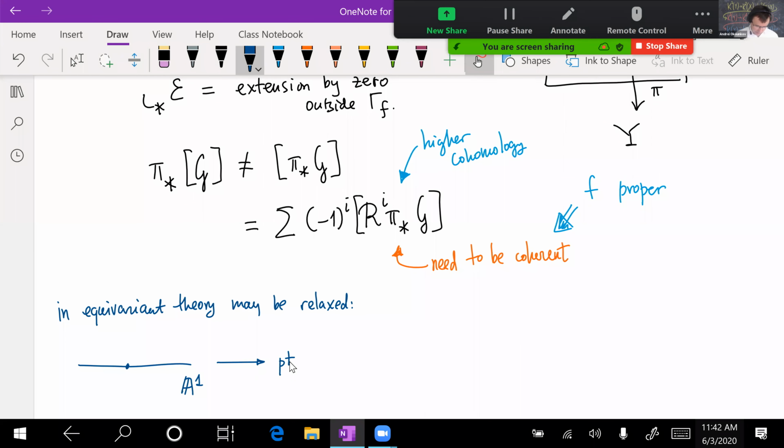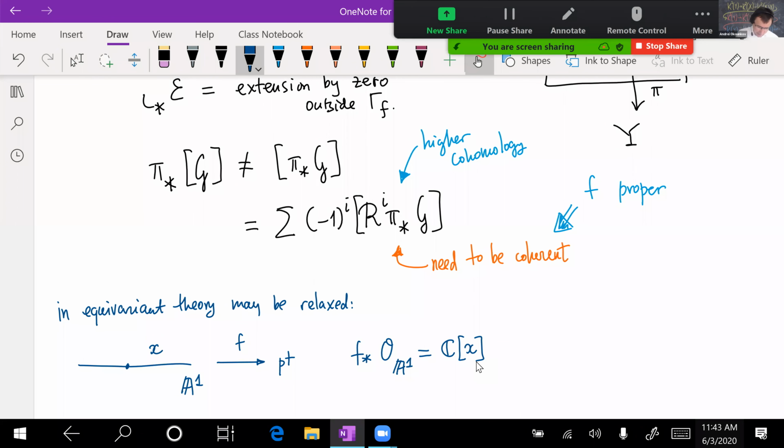And what would that be? If I have my coordinate, say x here, the push forward of the structure sheaf of my affine line is all polynomials in x. Forgive me for writing C[x], whatever field we had.